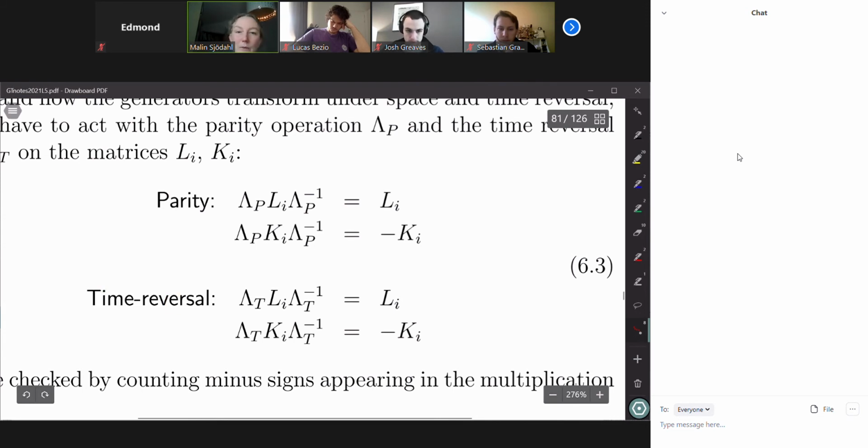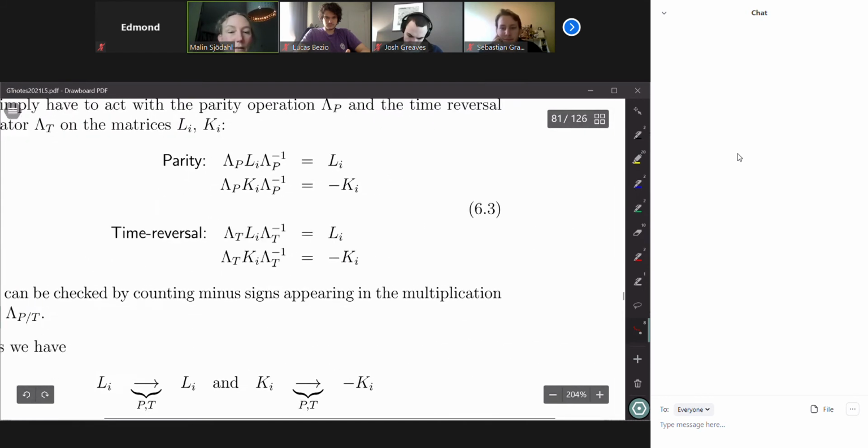So the rotation generators L go to themselves, both under parity and under time reversal. For the boost generators, I'm not going to do it, but it is easy to follow through and see where the signs end up. One can see that under parity, a boost generator will go to minus itself. And similarly, under time reversal, a boost generator will go to minus itself, because just one minus sign is picked up. So you can easily check that yourself.